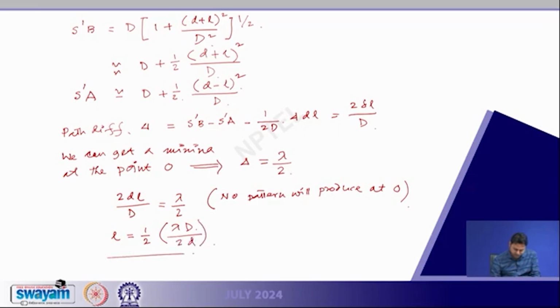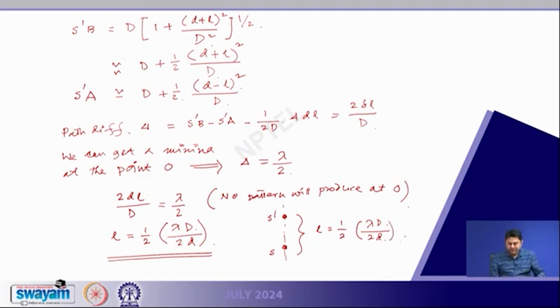So we can find a value of L, the separation between these two source points, for which we are going to get no fringes at the point. So L is here half of S and S prime, and L is that value, half of lambda D divided by 2D.